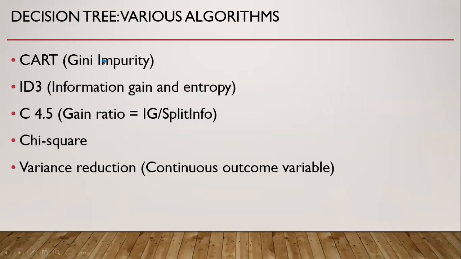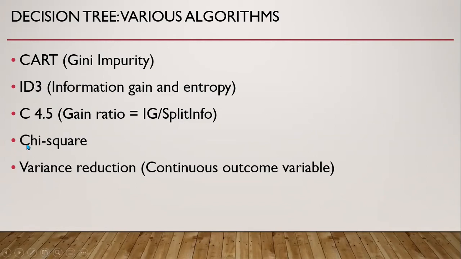We can make a decision tree using one of various algorithms, and these include CART, which uses Gini impurity. Then we have the ID3 algorithm, which uses information gain and entropy. Then we have the C4.5 algorithm, which uses gain ratio. There were some shortcomings of the ID3 algorithm, so we have C4.5 instead of ID3.